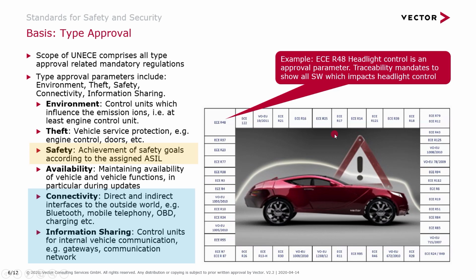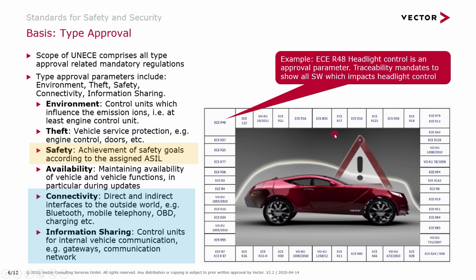If you look at this picture on the right, you can easily see there is a huge amount of underlying governance standards, like the one I marked, R48. This is the headlight control, which gives us guidance on how headlights have to be dimensioned and controlled. We see many more, which I'm not going to read one by one, but they basically cover the whole vehicle with respect to its impact on the environment, theft protection, functional safety, availability, connectivity, or information sharing.